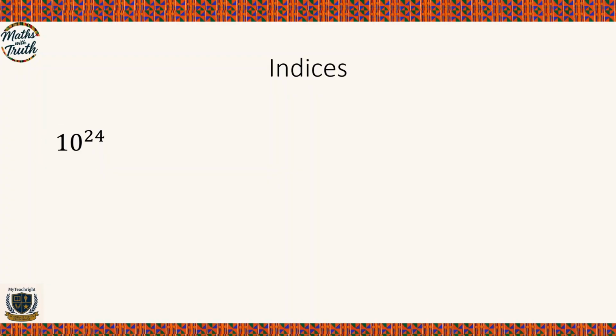So what are they? What does that mean? So when you have a number like 2 exponent 2, that means 2 multiplying itself 2 times. Okay, so we have 2 times 2.